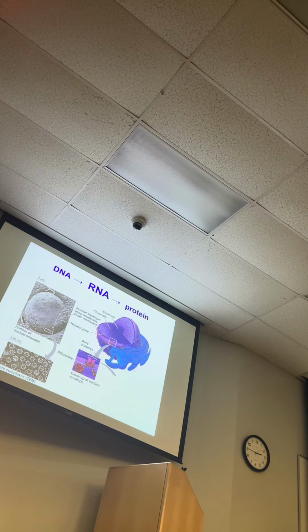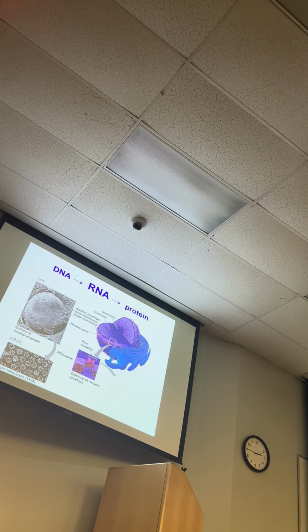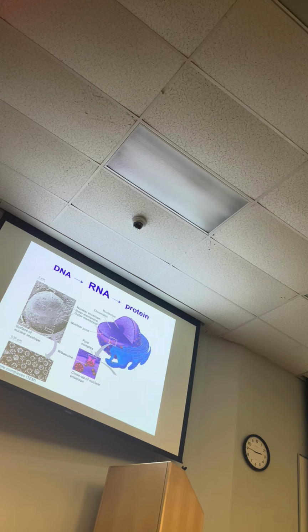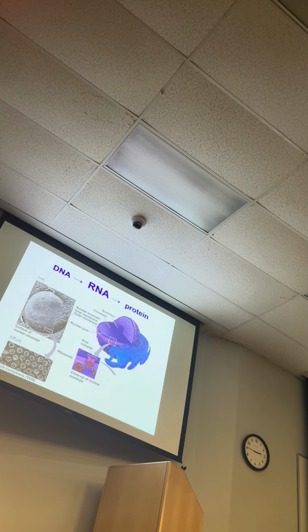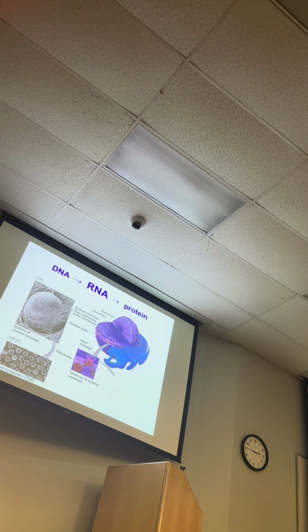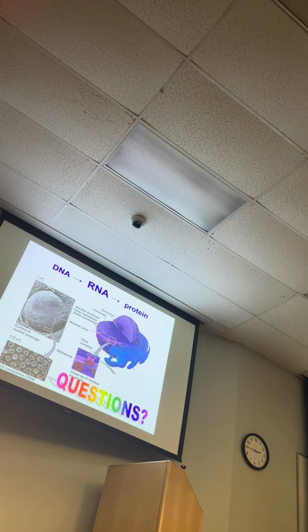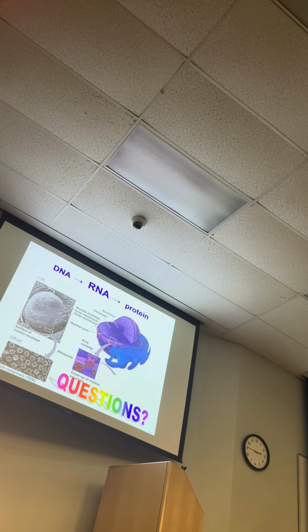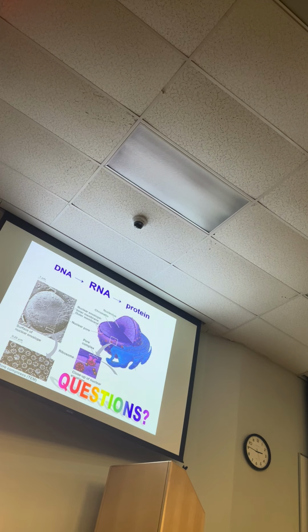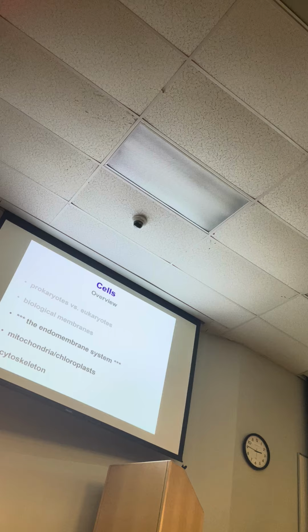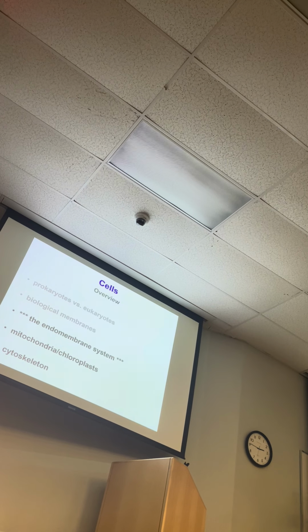There's a special name for the RNA actually, because it's shuttling the information from the nucleus to the cytosol. What is it called? Messenger. The M is for messenger, messenger RNA. Very good. Any questions? Okay. Let's go on.